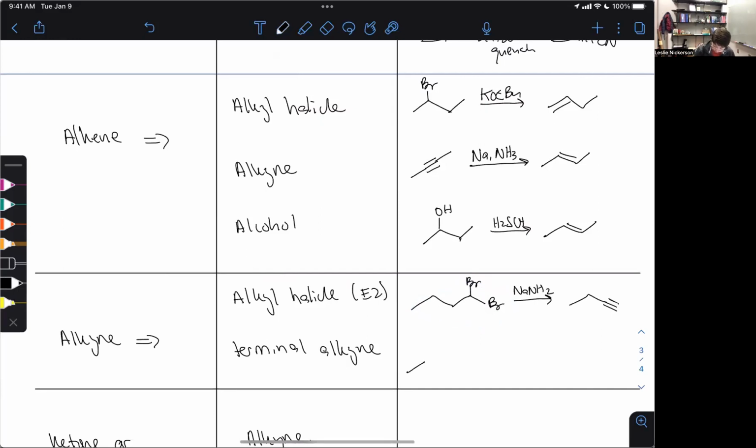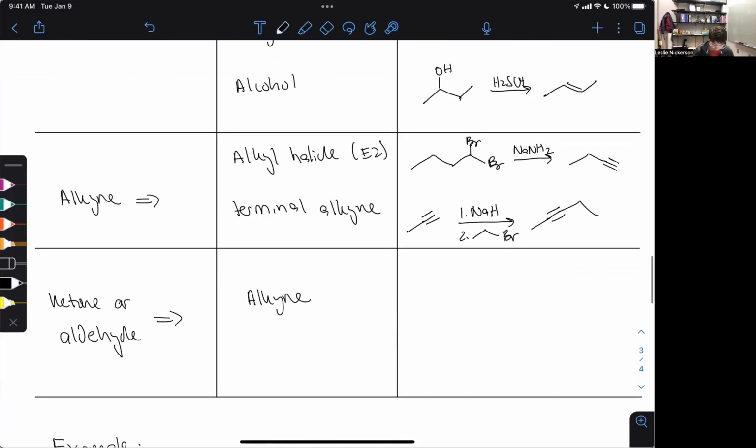I can also start with an alkyne and first do an acid-base reaction on that terminal carbon, and then do an SN2 reaction with a primary alkyl halide. And that's going to give me an internal alkyne. And then finally, we can have a ketone or an aldehyde, which we have seen synthesized so far from alkynes.